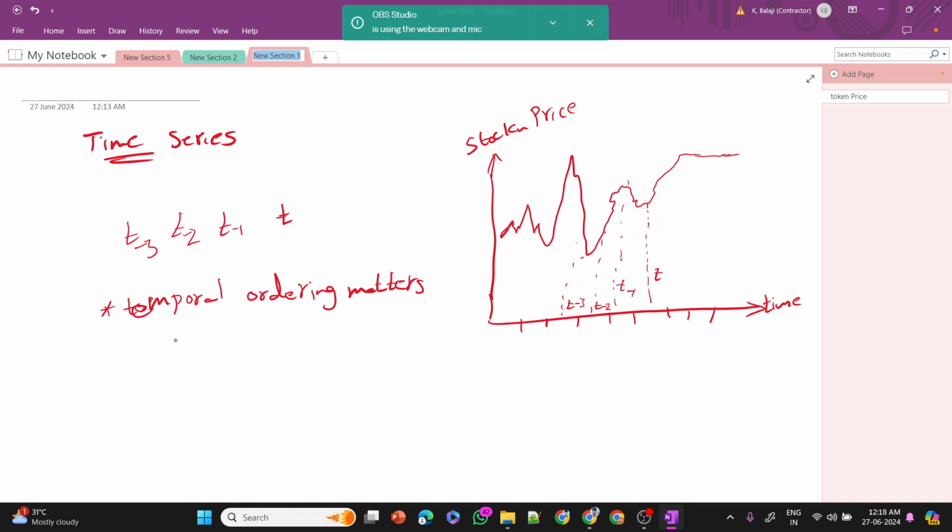For time series prediction, there are some statistical methods, like ARIMA, and exponential smoothing.